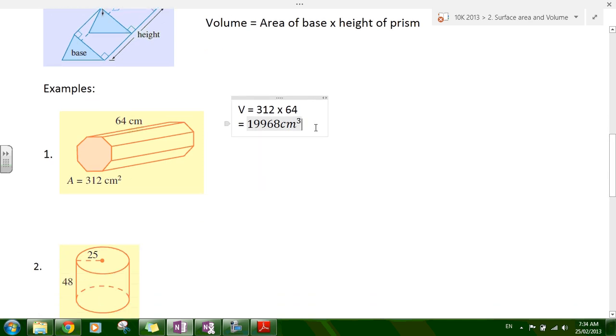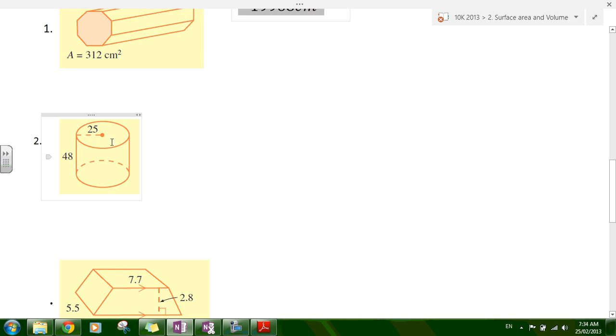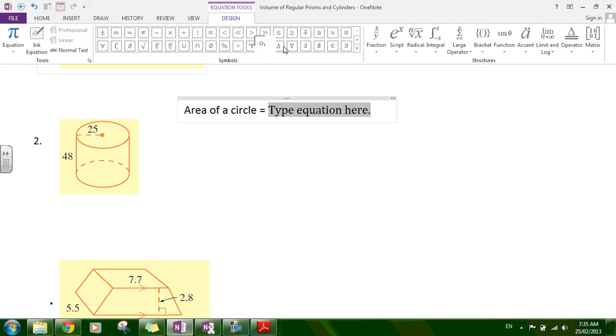Go ahead and go to the next one. Here we have a cylinder. Now remember that the cross-section of a cylinder is a circle. So we need to be able to work out the area of this circle. And you remember that the area of a circle is equal to pi r squared.